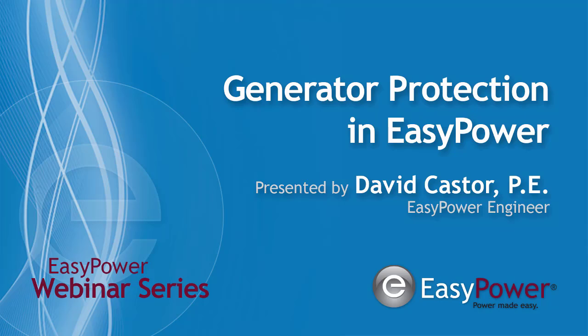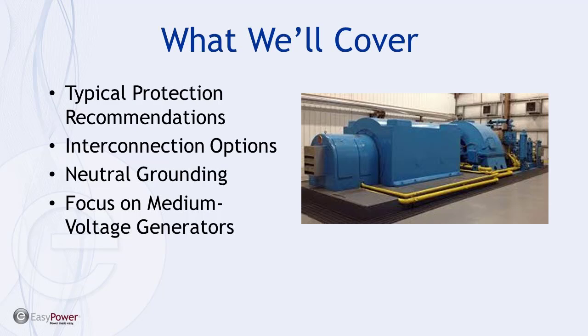So our topic today is just going to be to cover some of the basics of generator protection, and we're going to focus primarily on medium voltage generators, and what the typical protection recommendations are and how that to some extent depends on your interconnection and also on how the system is grounded.